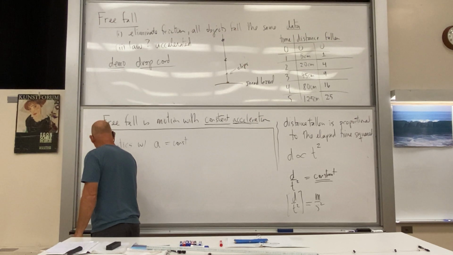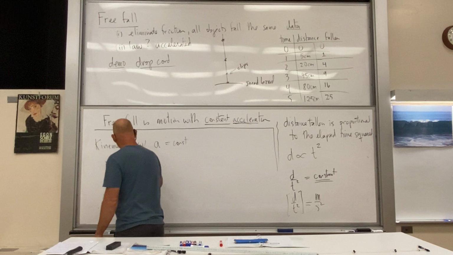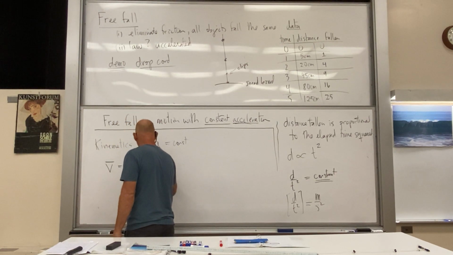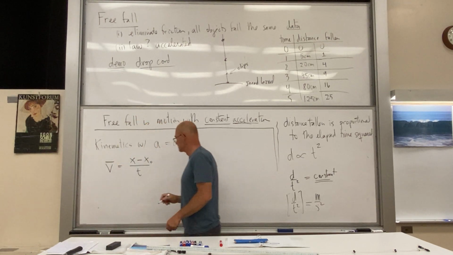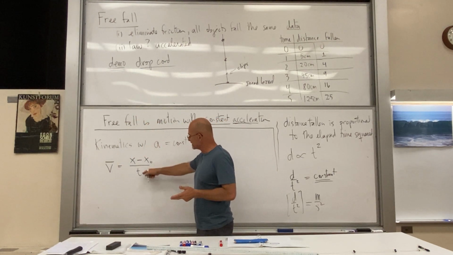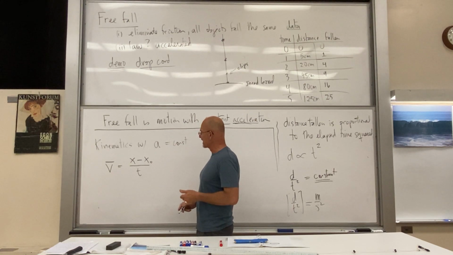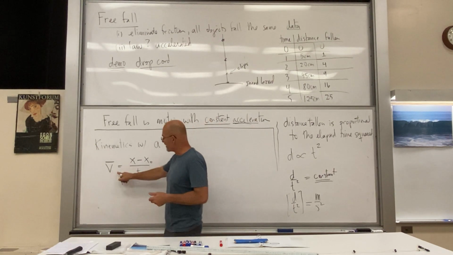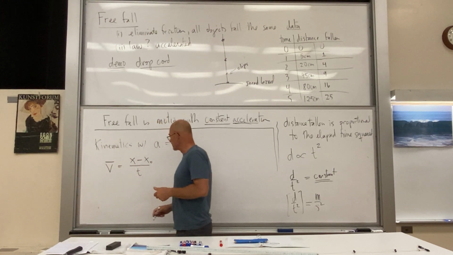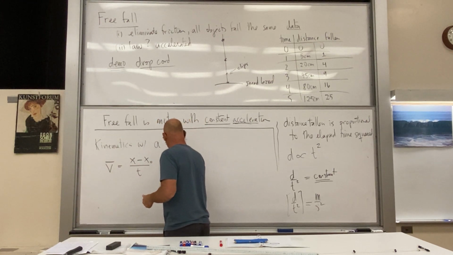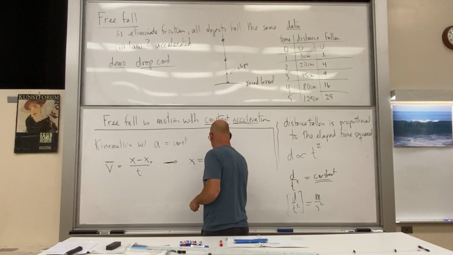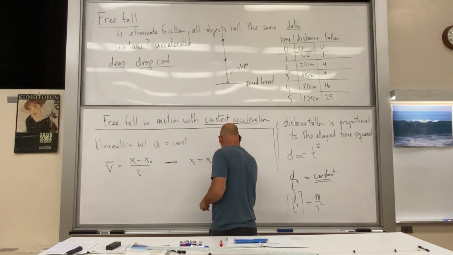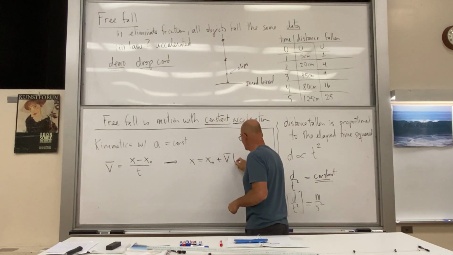We have average velocity equal to x minus x0 over t. That's our delta x over t, right? And I'm calling average velocity v average. Well, we're going to solve. We'll get x equals x0 plus v average times t.